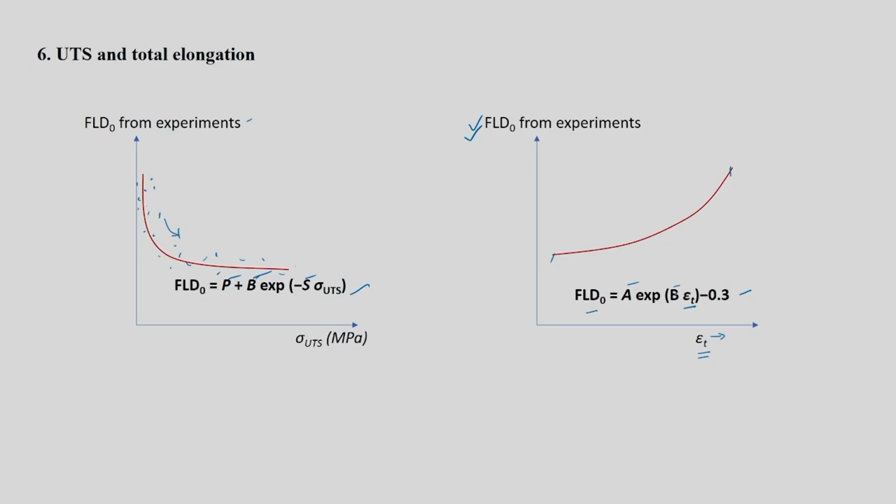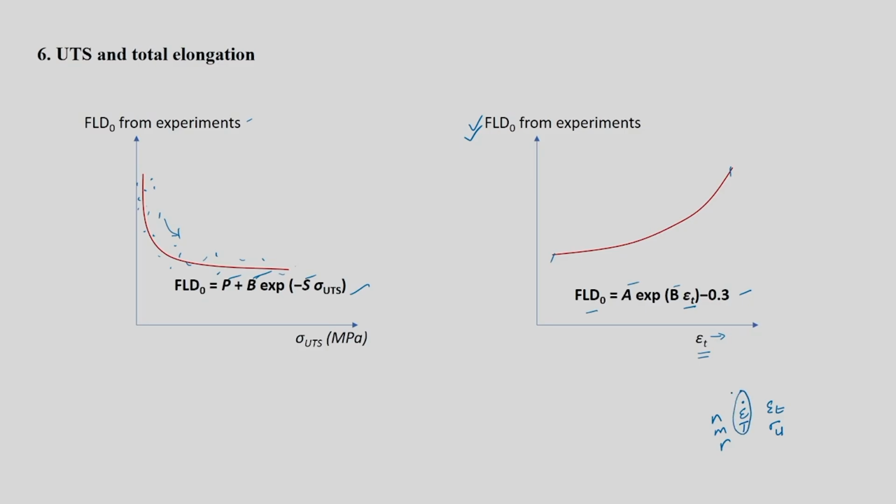So n, m, strain rate, temperature, then r, then epsilon t and sigma UTS: these are all important properties that we get from the tensile test. Some are actually working conditions, for example strain rate and temperature.